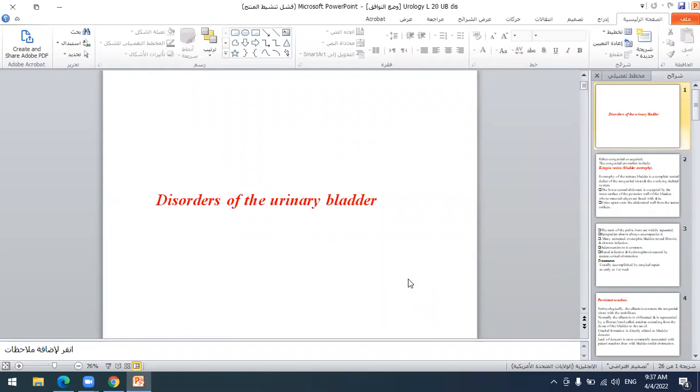The function of the urinary bladder is to be a storage reservoir for urine until there is a suitable situation so the patient can pass urine. The capacity of the bladder differs from one person to another.